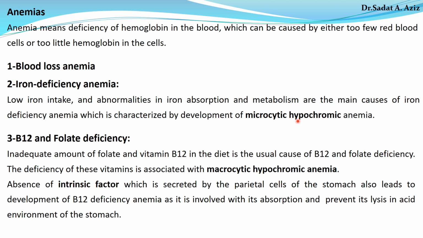And the third cause of anemia, or third type of anemia, is called B12 or folate deficiency anemia. Inadequate amount of folate and vitamin B12 in the diet is the usual cause of B12 and folate deficiency anemia, because our body might not be able to store a high amount of folate and B12.